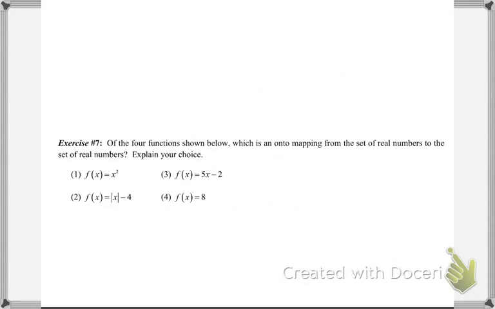So of the 4 functions shown below, which is an onto mapping from the set of real numbers to the set of real numbers? So we are going from reals to reals. The best way to show this is to use a sketch.